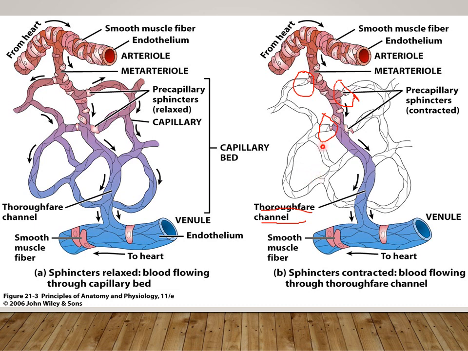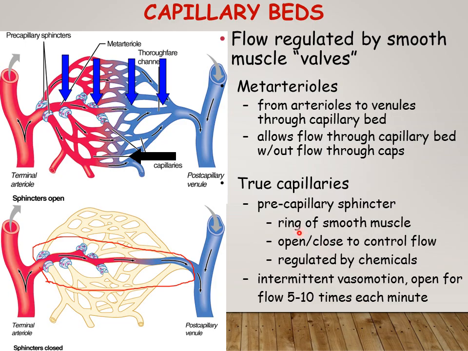When the precapillary sphincters are relaxed, blood can flow into the capillaries and exchange is possible at the tissue level. But if there is no need for exchange and we want to stop the exchange of nutrients at the tissue level, then these precapillary sphincters close.